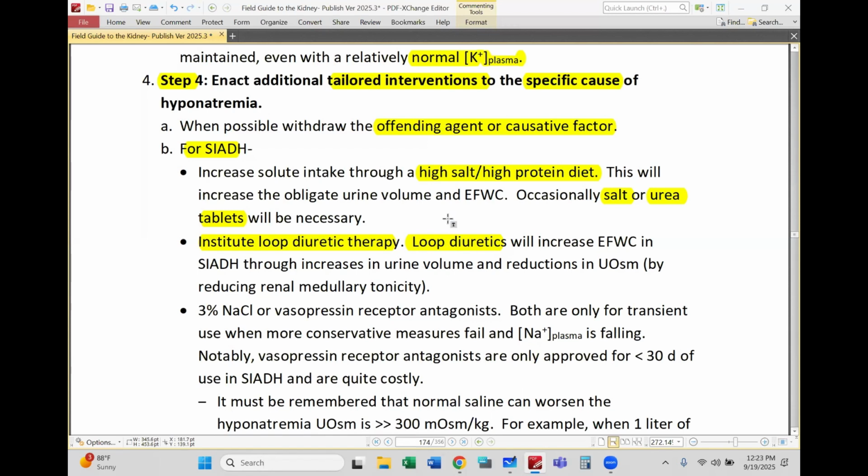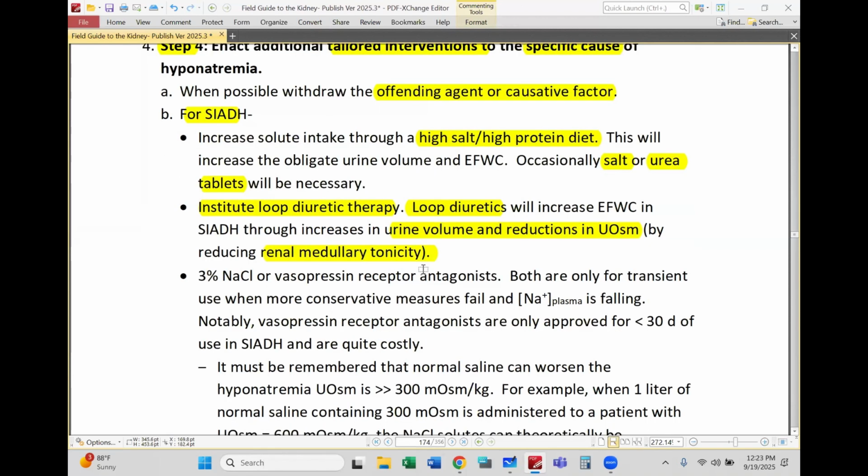So when I'm using loop diuretics in a classic SIADH patient, I want to avoid hypovolemia. And in that regard, I also want to avoid K depletion. If I can do those things, I might reduce my urine osmolality as a net effector mechanism of correcting the dysnatremia. Okay, we've gone over that physiology before.